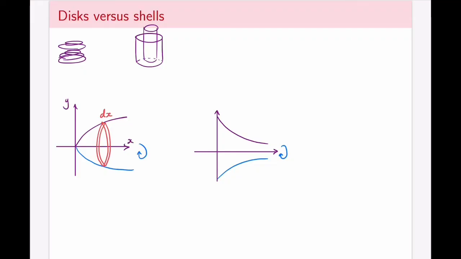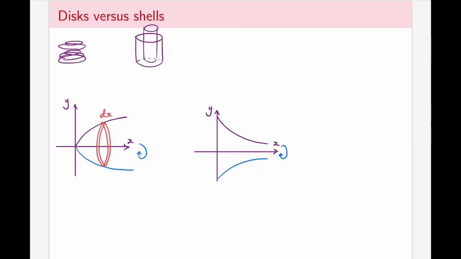So what we're going to do here is kind of do the exact opposite way of thinking to the disks. The axis of rotation for cylindrical shells serves as a core around which the cylinder is actually situated.